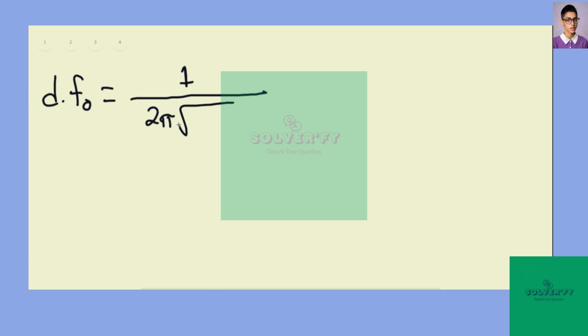For part D, we want to find the resonant frequency. The resonant frequency would be equaling 1 over 2 pi times the square root of the product of the inductance and the capacitance.